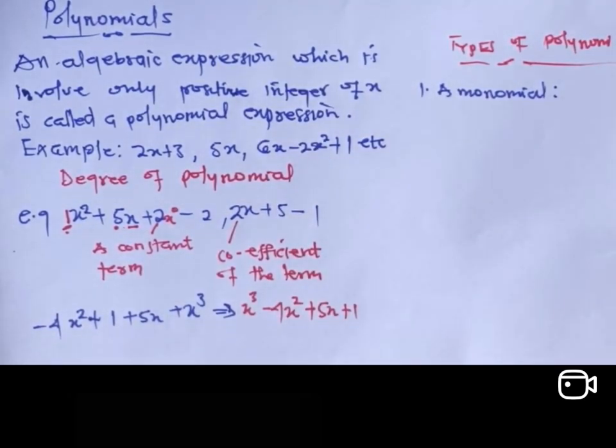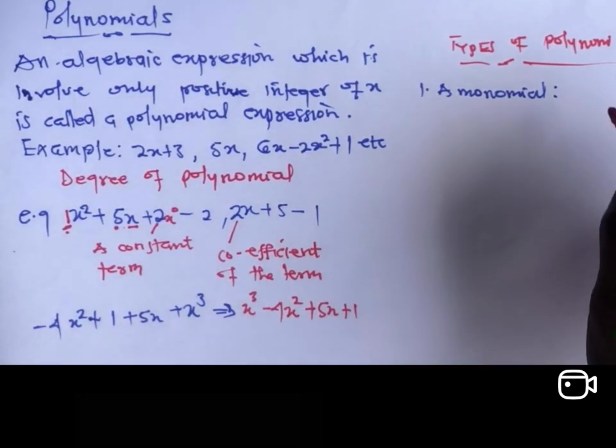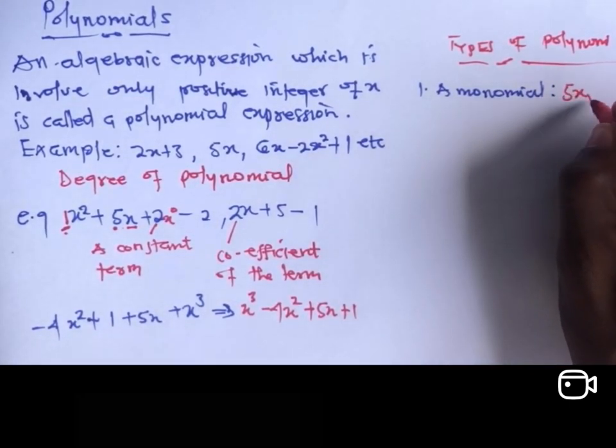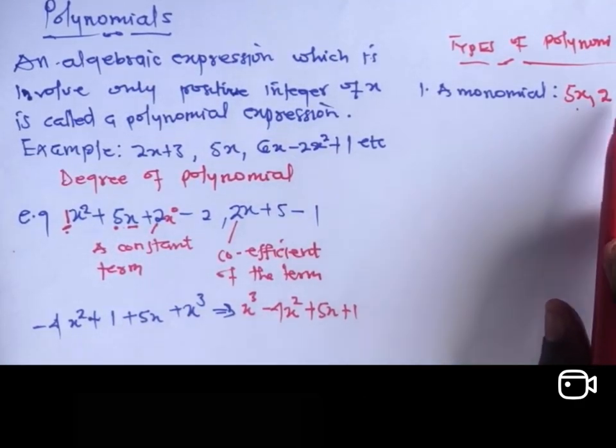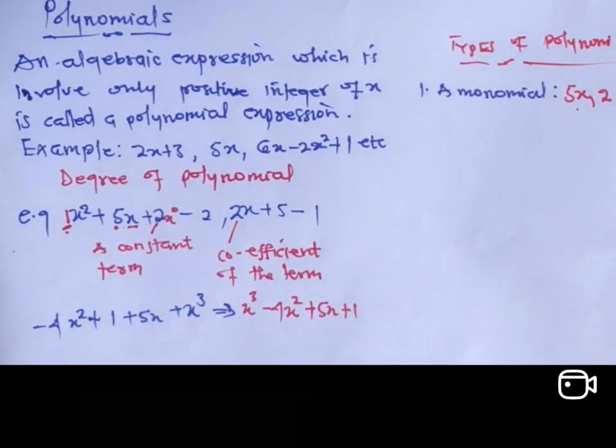For a monomial, we are talking about a polynomial which has only one term. Examples are like 5x, like 2. This is only one term, this is only one term, so it's a monomial.